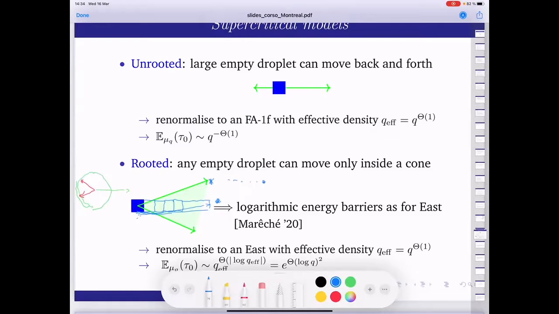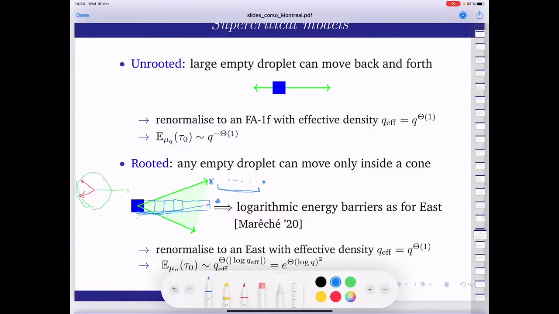But we also saw that the smarter technique requires anyway to go through an energy barrier, so to creating a certain number of empty sites, where the number of empty sites that I have to create is proportional to the logarithm of the distance of the site that I want to hit.